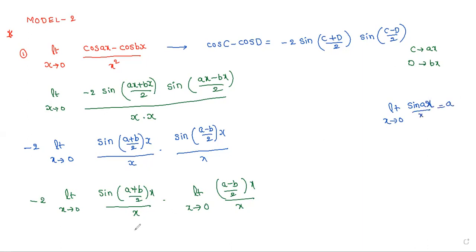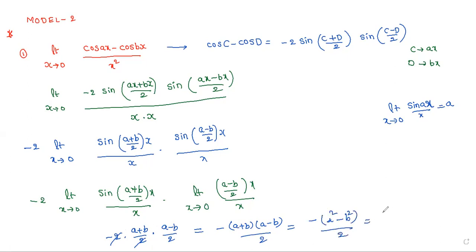So we get (a plus b) by 2, minus 2 into this, which is also (a minus b) by 2. The 2s cancel. Minus of (a plus b) into (a minus b) by 2 is equal to minus of (minus b square) by 2, which is b square minus a square by 2.